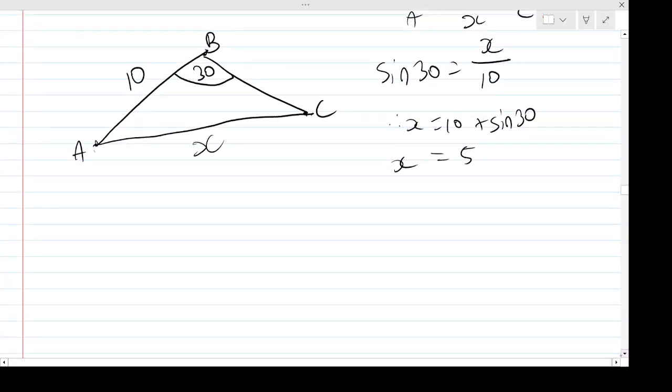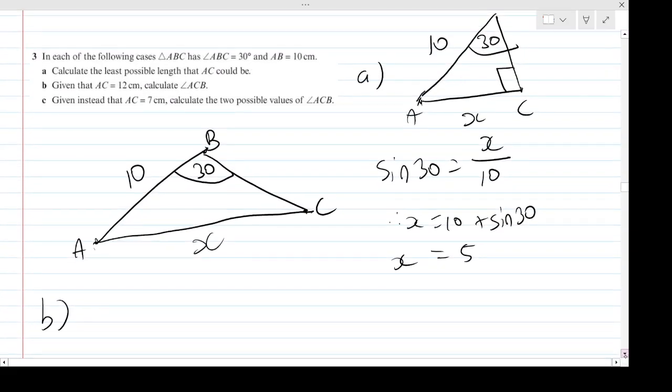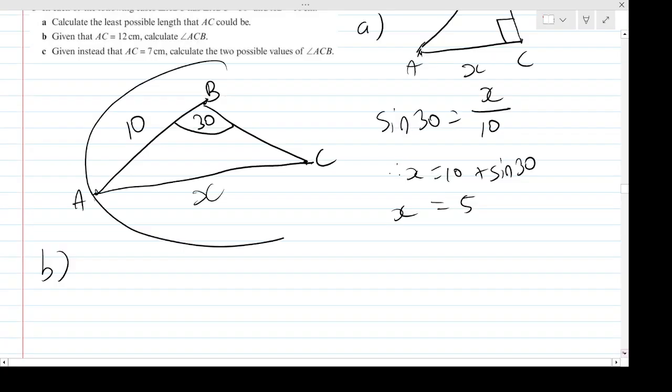Okay, let's have a look at part B then. It says, given that AC is instead, so we're going back to our generic triangle. We're told now that AC is 12, so we can get rid of that, and now we know it's 12. Calculate the angle ACB, so that's this angle theta there.